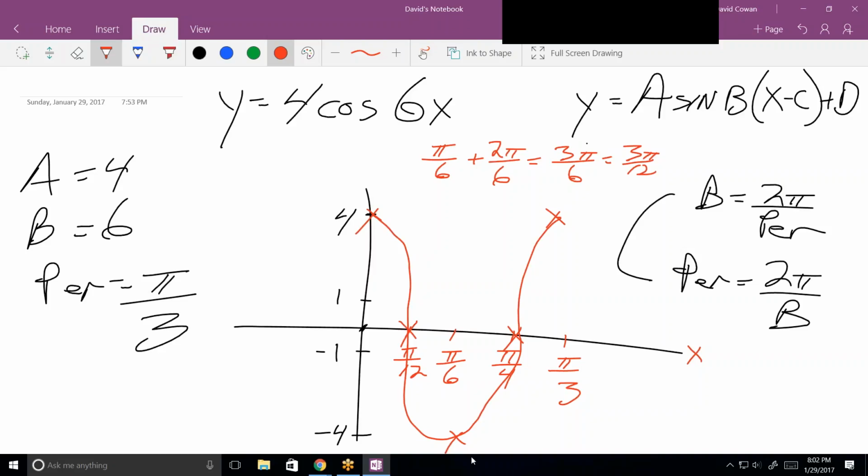Because you've got to learn how to quarter these things up, no matter what their numbers are. You have to be able to add them and divide by 2. And that's as simple as it gets. Add the 2 numbers and divide by 2. That's your quarter. That's your midpoint between those 2 numbers. That's what you really did to get pi over 6: you added 0 to pi over 3 and divided by 2.